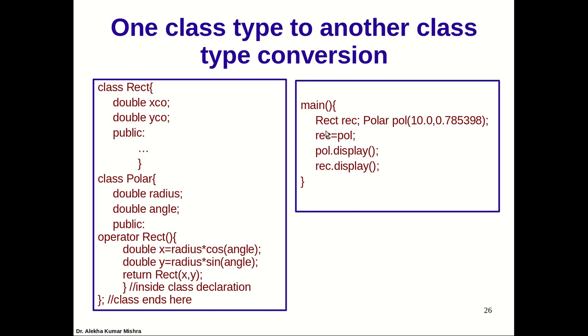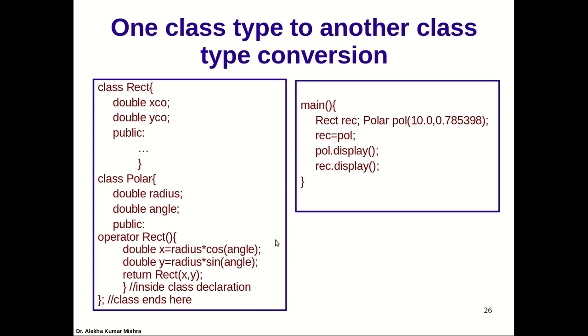Now if you want it both ways, then you have to define the operator function in both classes. So when you want to convert a rectangular to a polar, we must define a conversion function inside the rectangular class, operator polar, and provide the steps to convert a rectangular object into polar. To find the radius, square root of x square plus y square, and using tan inverse we get the theta value. That's all. So we have to define it in this way.